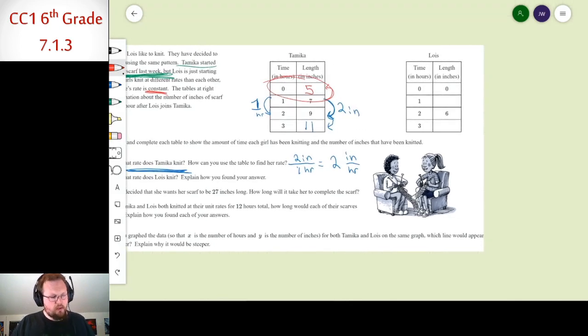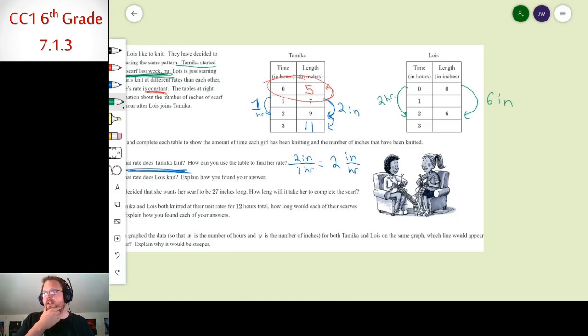For the other person, though, you can look at this a few different ways. You could say, well, she went from 0 to 6 inches. So she made a scarf that was 6 inches long, and it took her 2 hours.